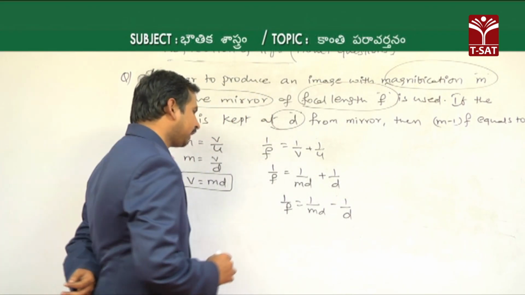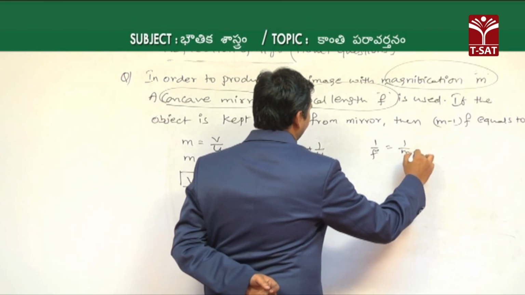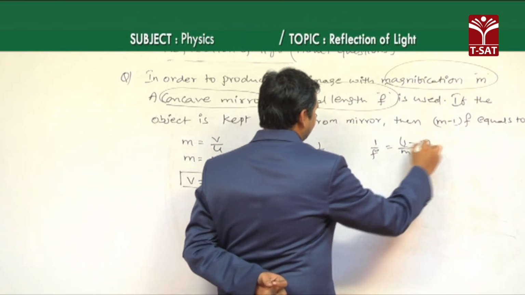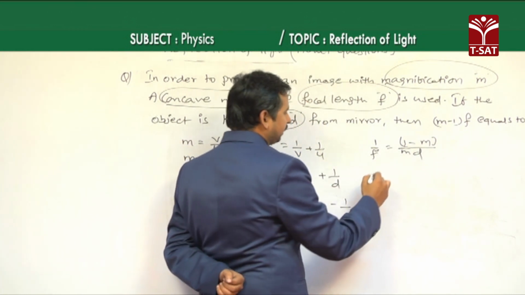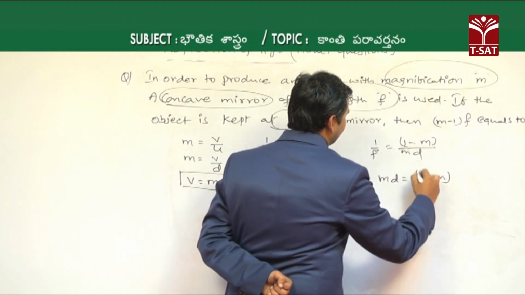Okay. Then if you take the LCM here, 1 by f is equal to 1 by m d, times 1 minus m. Then if you cross multiply, you will get m d is equal to 1 minus m of f.